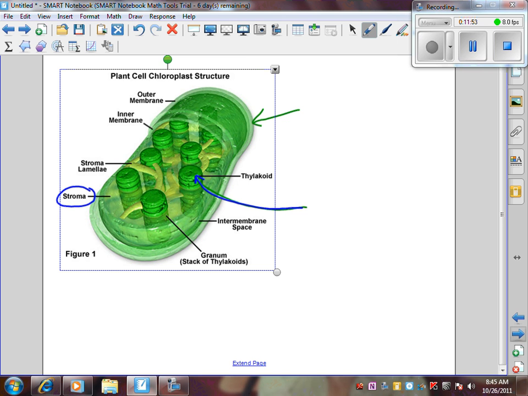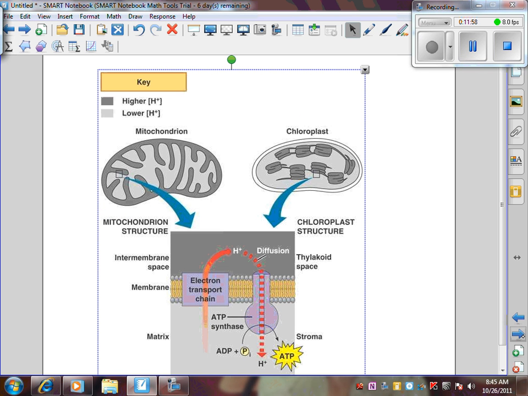Now, comparison-wise, let's look at this. We see the mitochondria. This image is straight out of your textbook. It's a little different coloring. But you can see we're going to use an electron transport chain, right? What powers the electron transport chain? Let's think about this. There's two different ways.